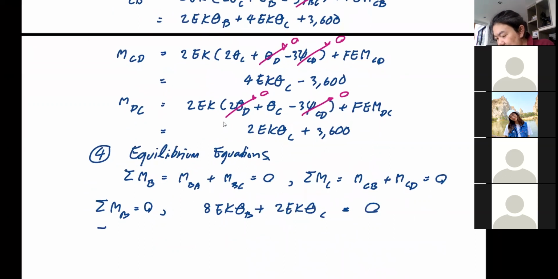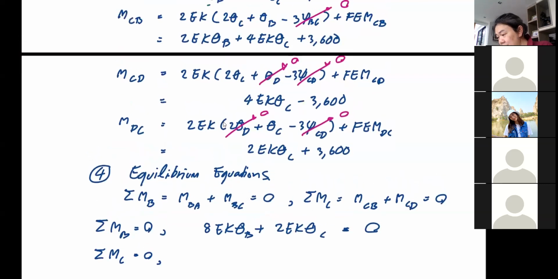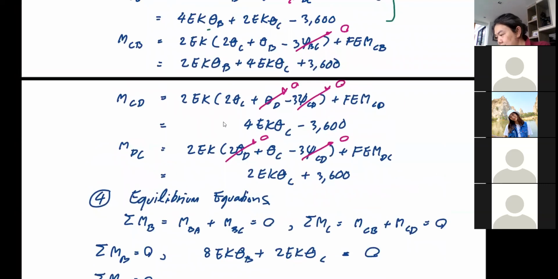Next, sigma MC equal to 0. Now that means I am combining these two. See? So it's 2EK theta B plus 8EK theta C, and then this one cancels out again.